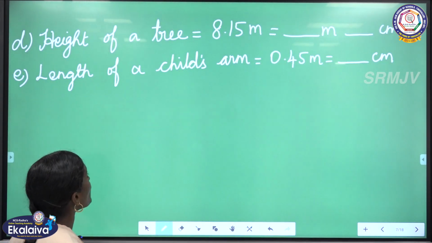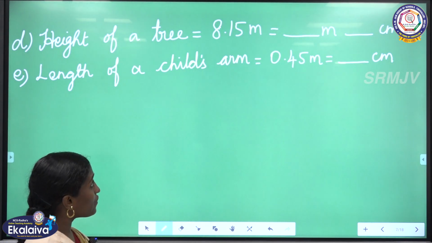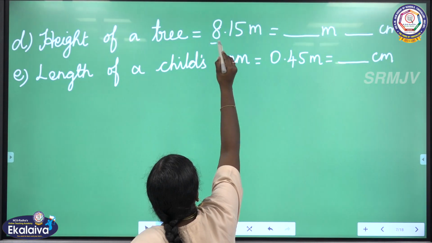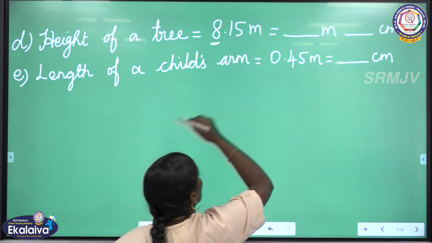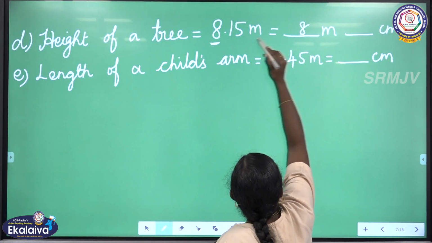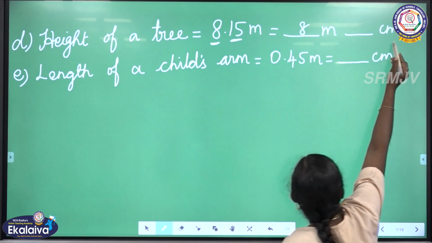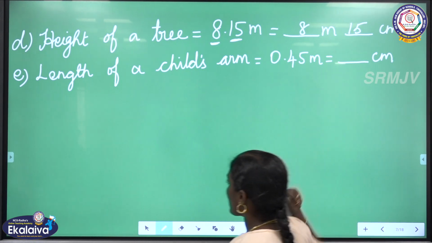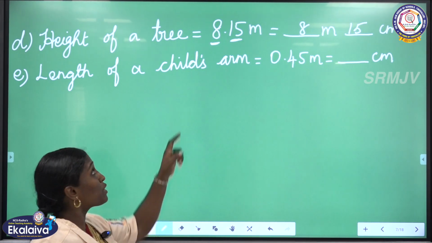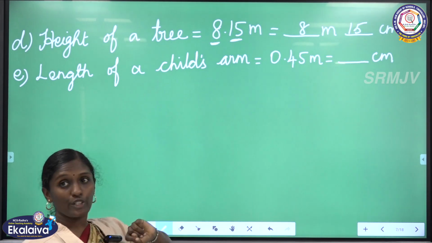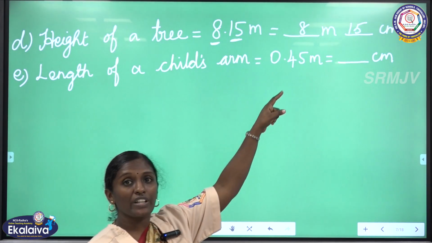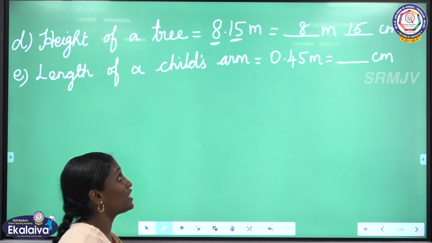The next one, height of a tree 8.15 meter. Here whole number part is the greater unit, meter, and the decimal part is the smaller unit, centimeter. In 8.15 meter, the whole number part 8 is the greater unit meter and the decimal part 15 is in smaller unit centimeter.